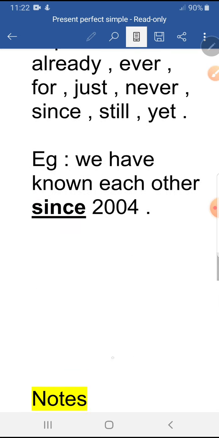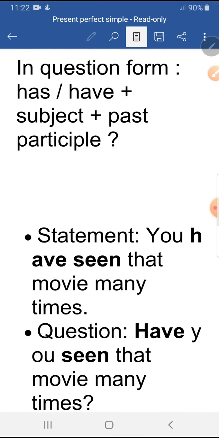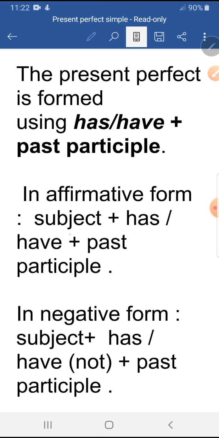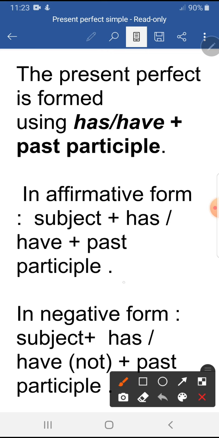Now let's move to the affirmative form. The affirmative form: subject plus has or have, it depends on the subject, plus the past participle. The past participle is from V1, verb 1 to verb 3.